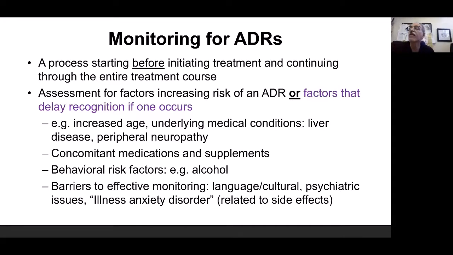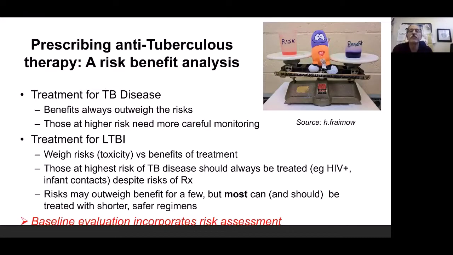That includes the panel of baseline laboratory tests that we get before we initiate treatment in everybody. When we talk about prescribing anti-tuberculosis therapy, every decision that we make here, and in fact every prescribing decision in medicine, is really a risk-benefit analysis, meaning: are the benefits of treatment going to outweigh the risk that we are subjecting this patient to?